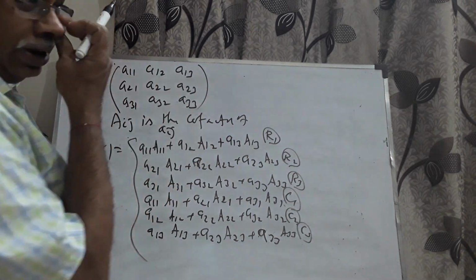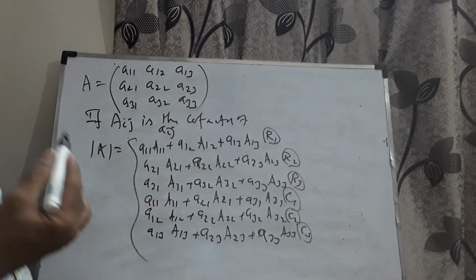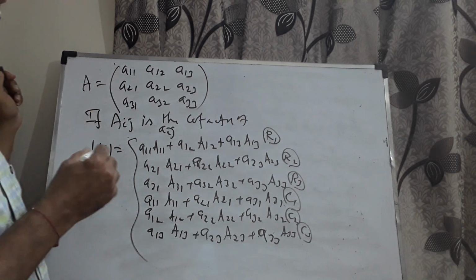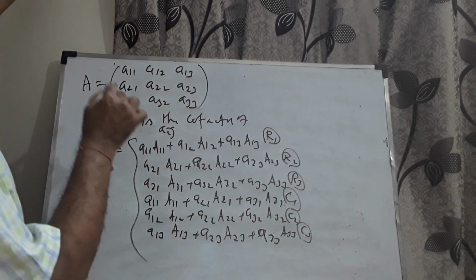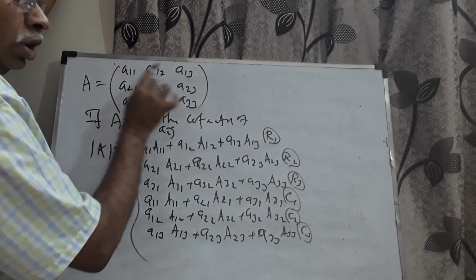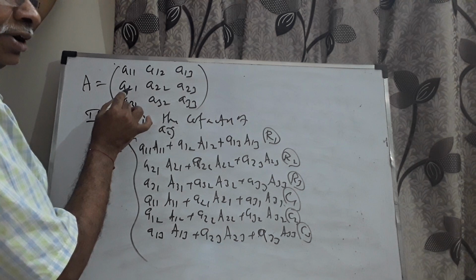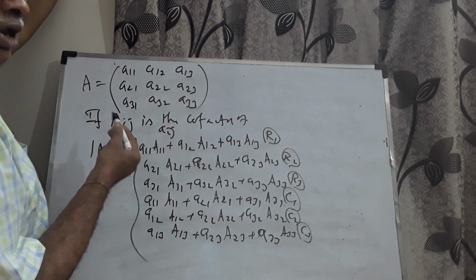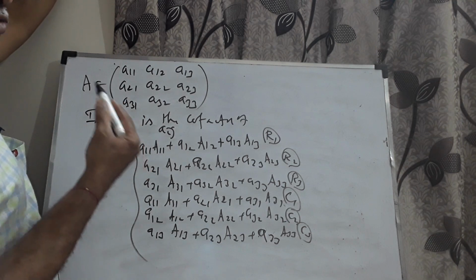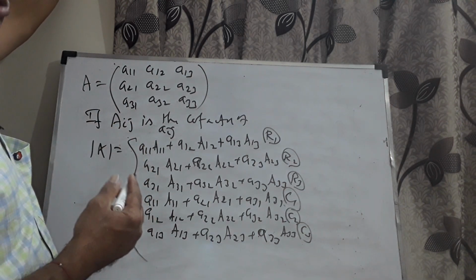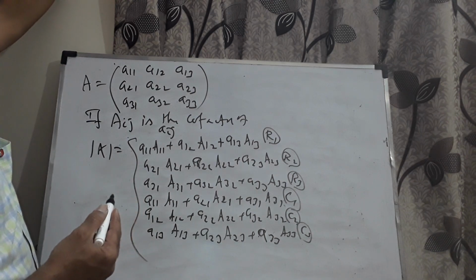Another important fact, just remember, it's not related to the answer of this question anyway. If I multiply elements of any row or any column with the cofactors of the corresponding elements of another row, then the sum of products of elements of any row with the cofactors of the corresponding elements of another row will always be 0.